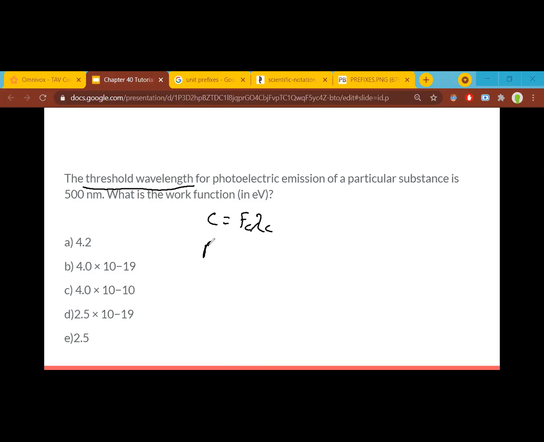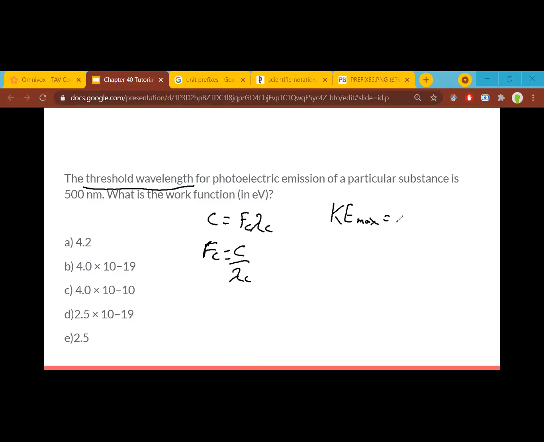So the threshold frequency, you can get that using c over lambda. But because you're trying to find the work function, you can actually write the max kinetic energy formula in terms of the cutoff frequency.